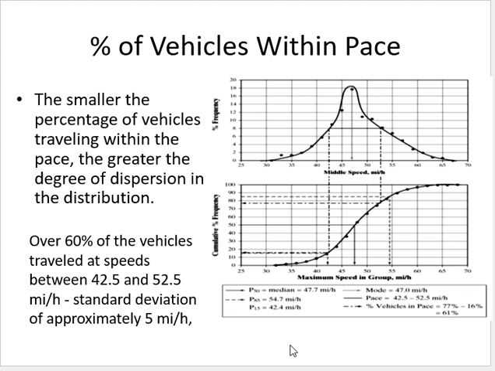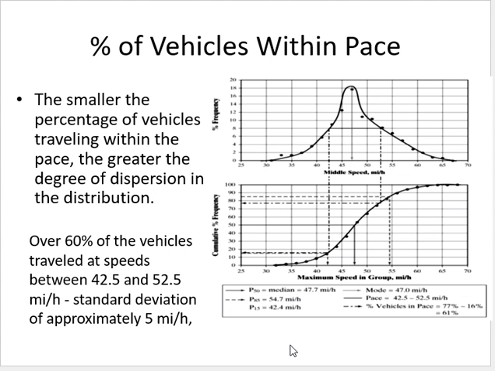So we found that the pace range was 42.5 to 52.5. How did we find it? You have to go back in time. But how do I find out the percentage? Percentage will use the second graph, the cumulative frequency. My pace is between these two values, so I know the values. I want percentages. I start from 52.5, the higher one, go to the curve, and find out the percentage.